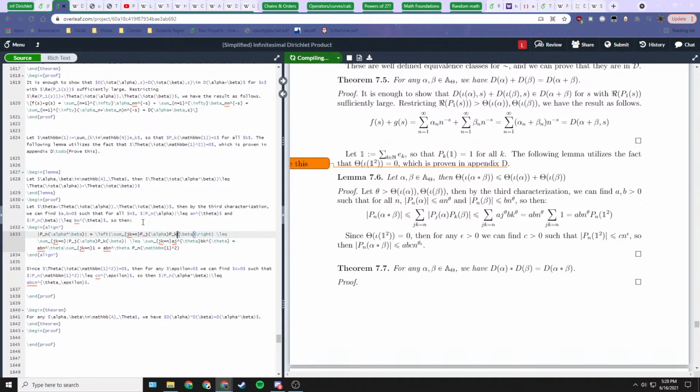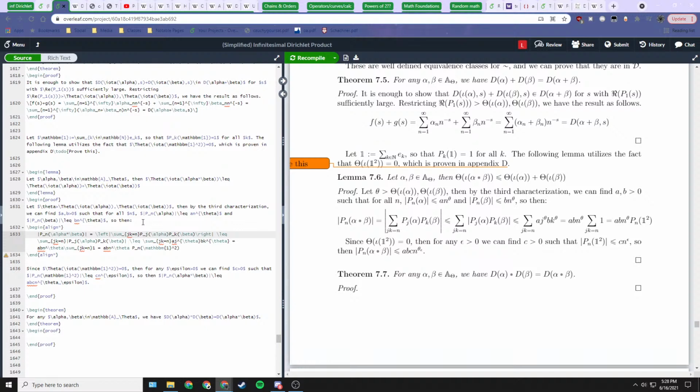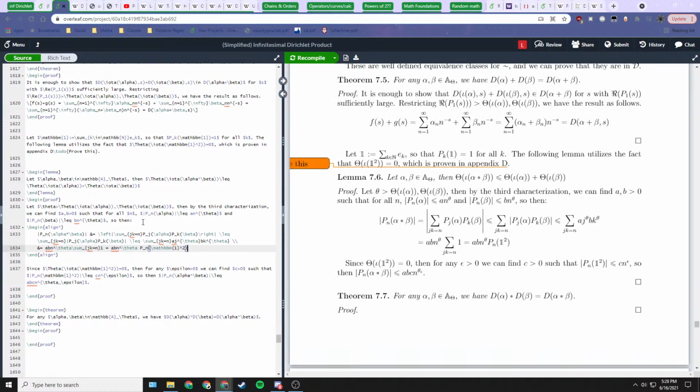And then we are going to need to do that. And right around the time we do this equals sign. Actually, let's do one better.